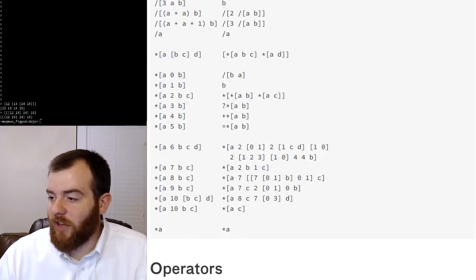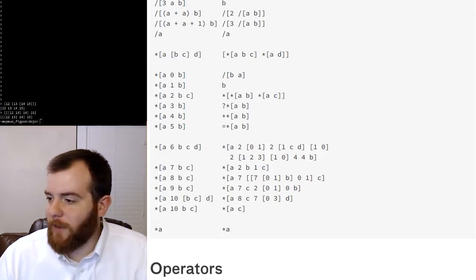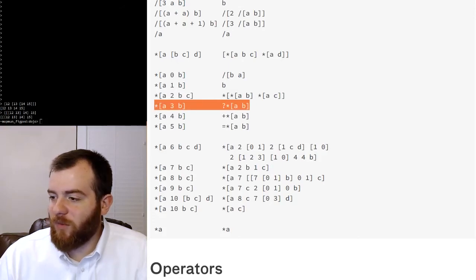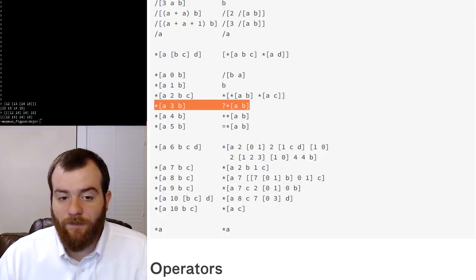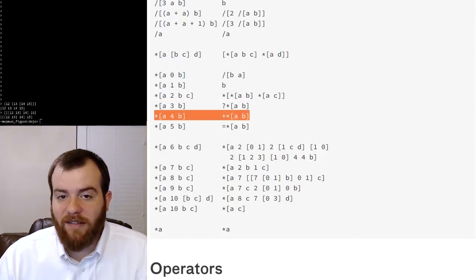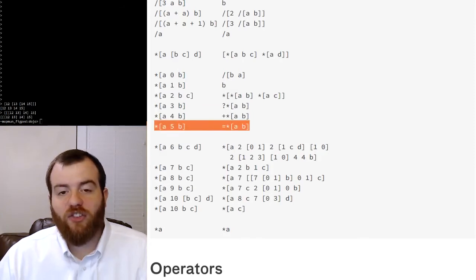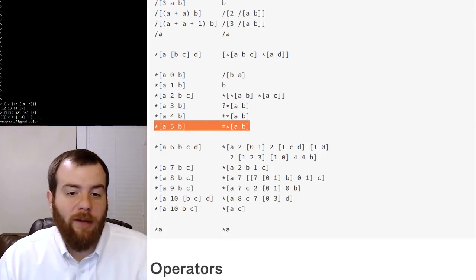If you just have a constant and you don't want to directly manipulate the subject to get something, you could use constant for that. NOC 3 tests whether or not something is a cell. It says yes if it is, no if it isn't. NOC 4 is increment. It takes an atom and then adds 1 to it. And NOC 5 is a test for equality. It takes 2 nouns and says whether or not they're the same.